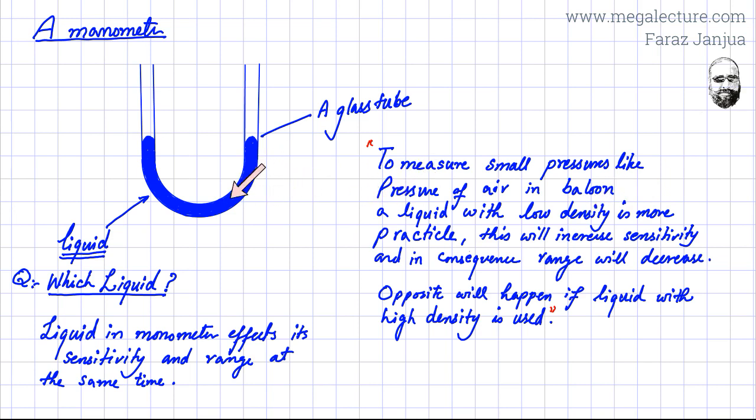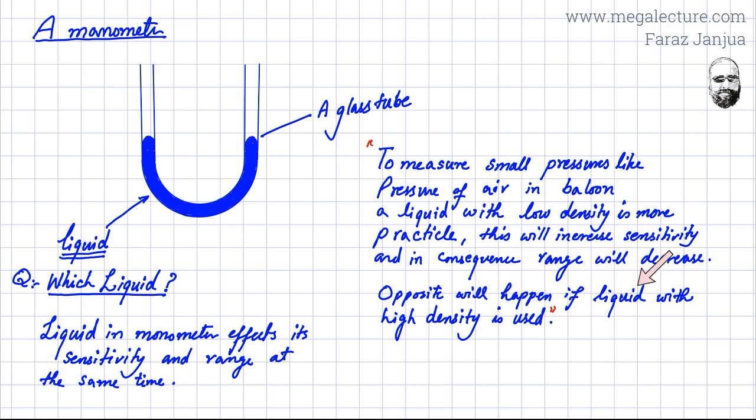The manometer will be very practical for small pressure differences or pressures, but it is not good for a large pressure, because as you use less dense liquid, the range of the manometer decreases. You cannot use it for very large pressures.